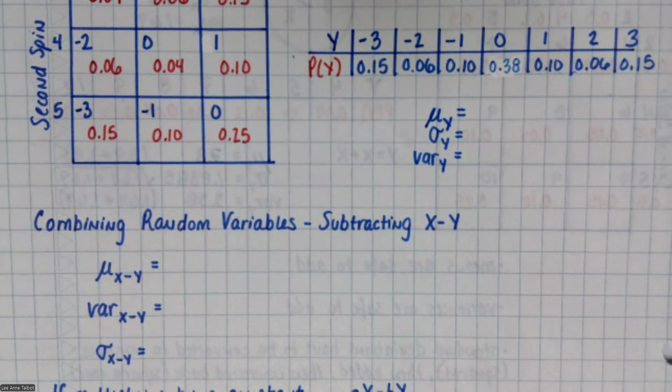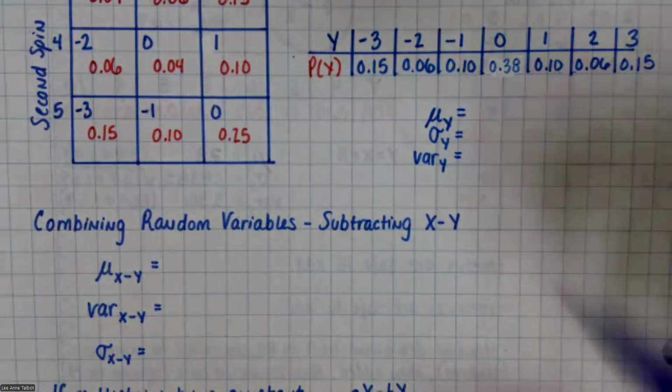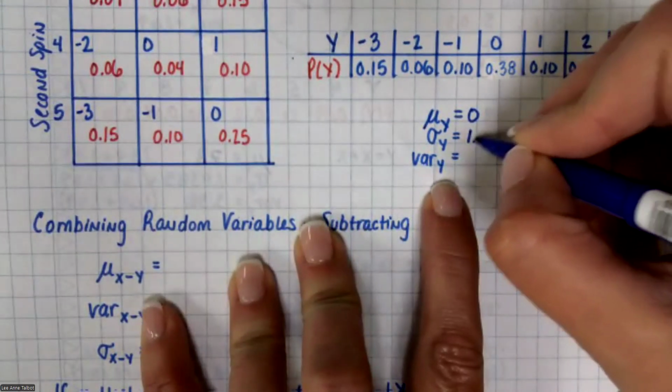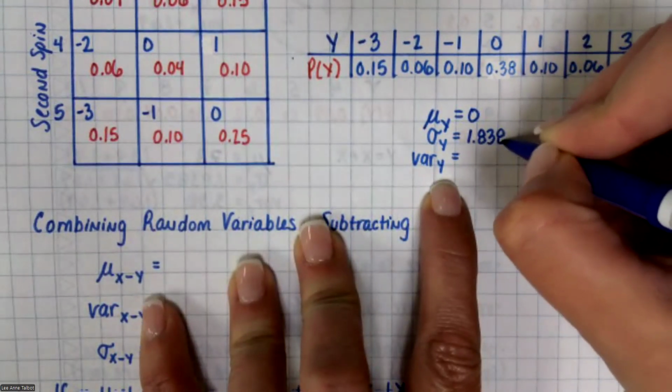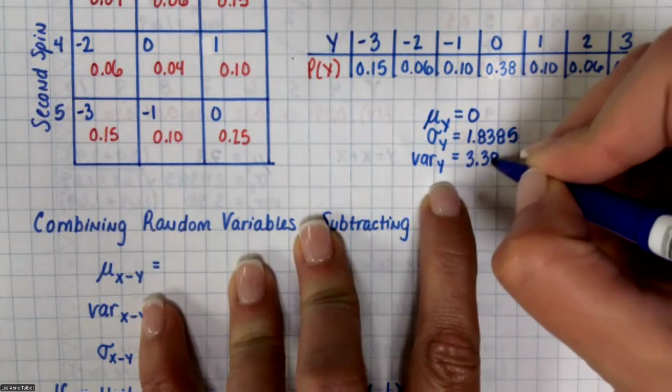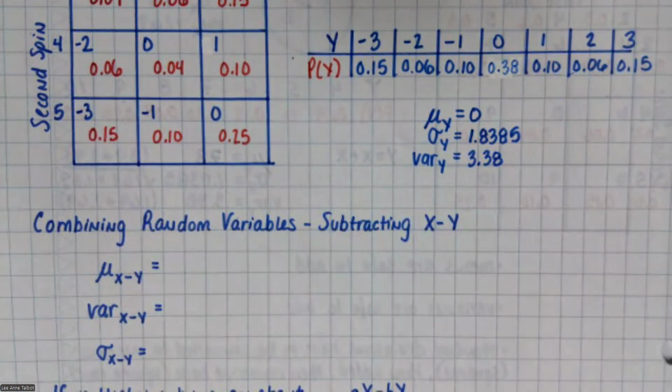Which means that the subtraction didn't make it less spread out. It was the same amount spread out. There's no reduction in spread because it's subtraction.